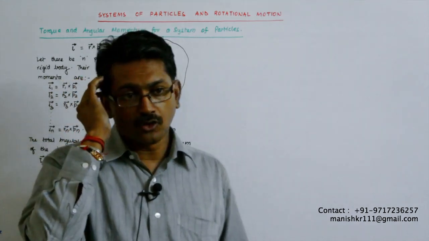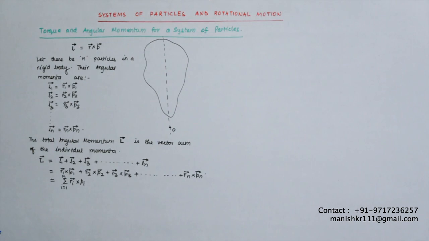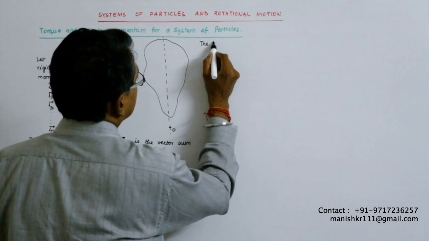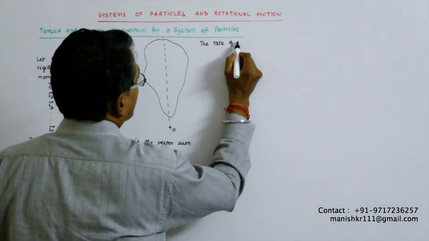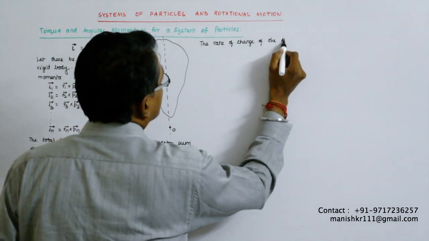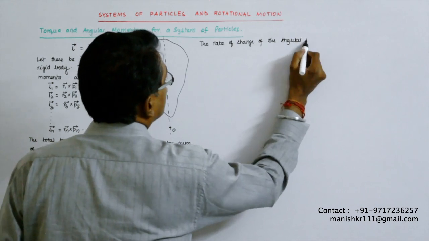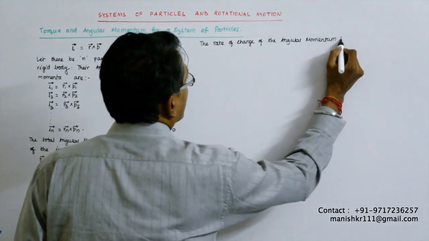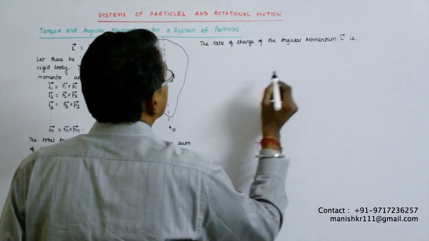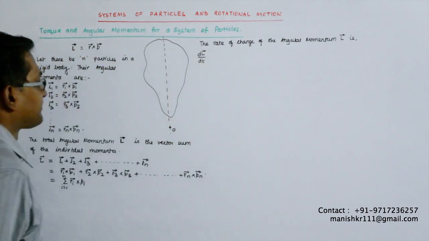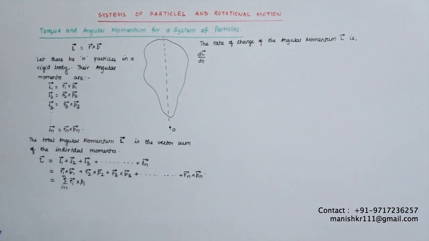So the rate of change of the angular momentum L is dL upon dt.